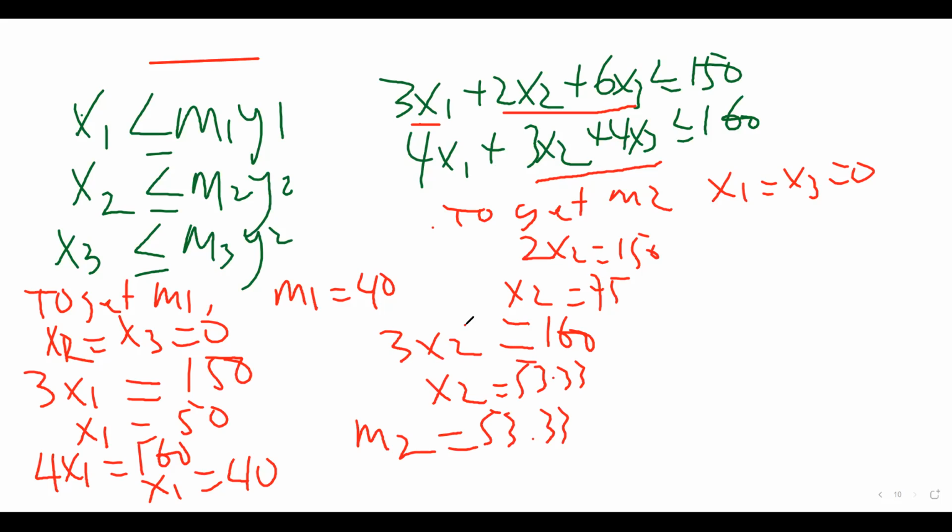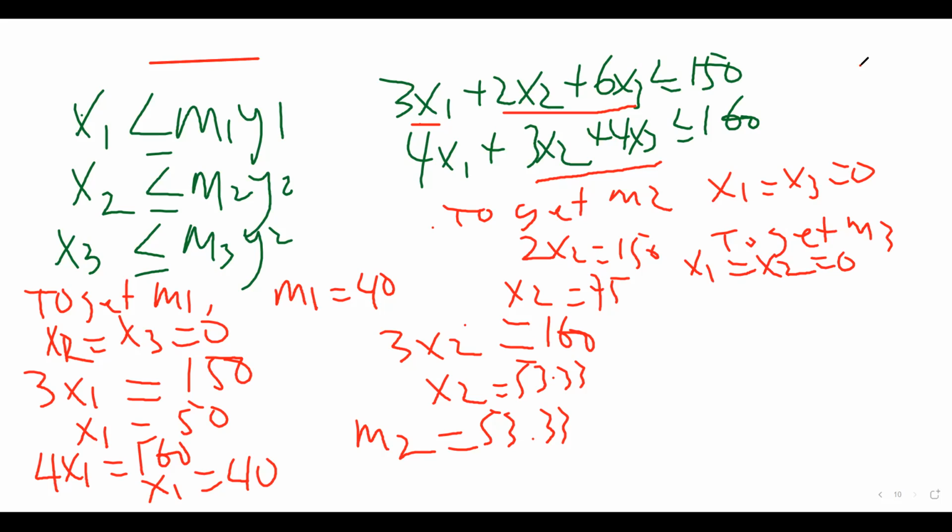Now let's go to the third one, M3. To get M3, we need to set X1 and X2 to 0, so that we work with X3.